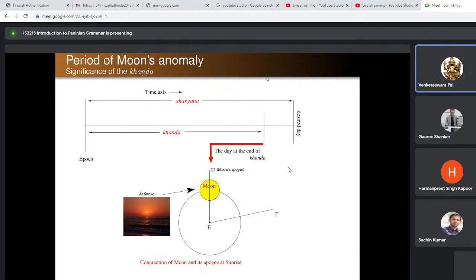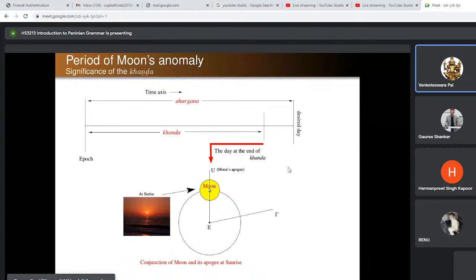Now, what do I mean by the moon's anomaly? See here you have Earth and the moon is revolving around the Earth. You can see a direction which is known as U, that is the moon's apogee. When the moon coincides with U, the moon has the slowest motion.